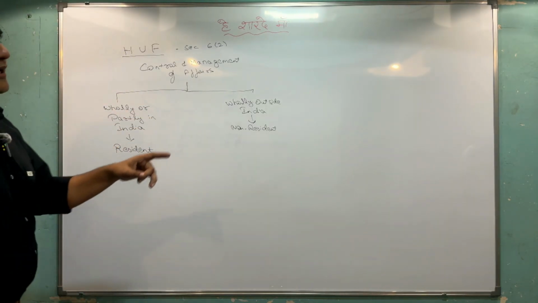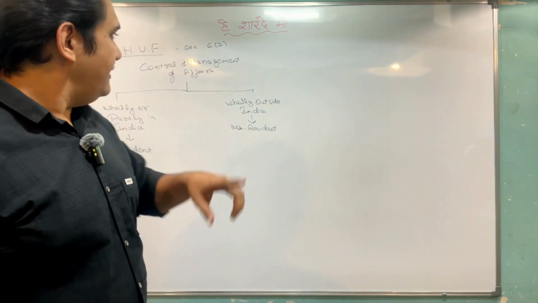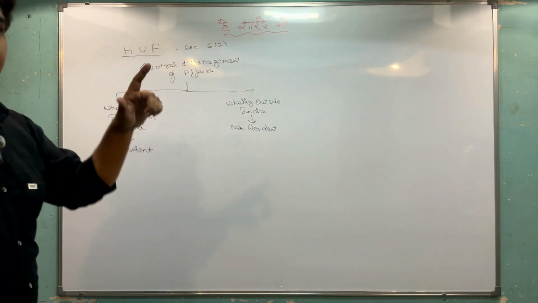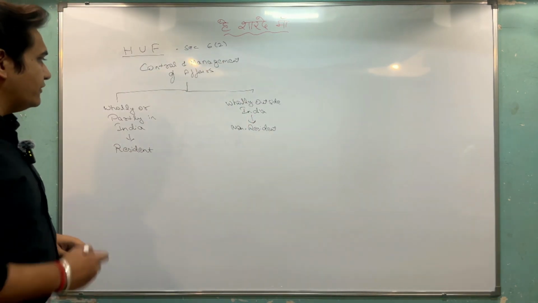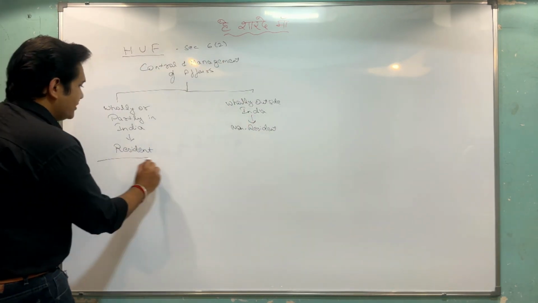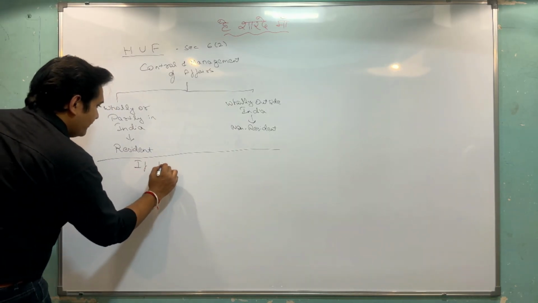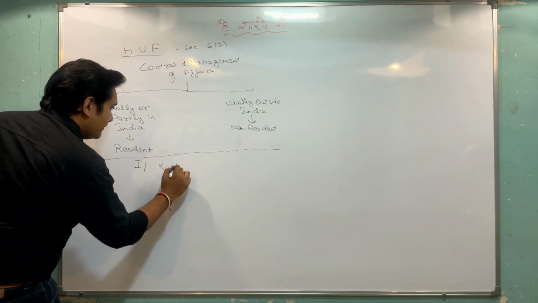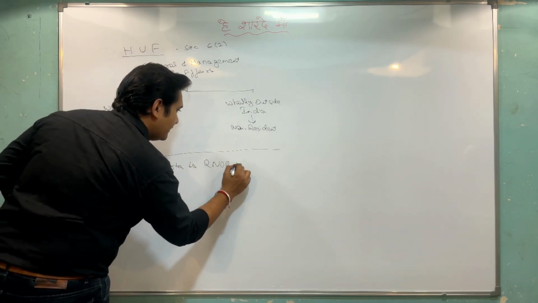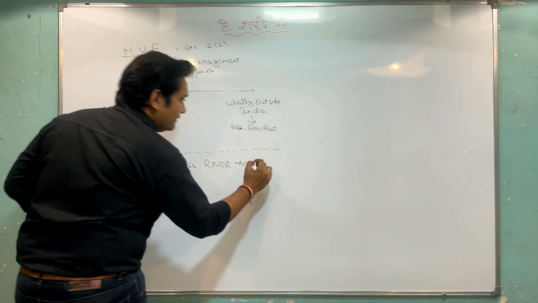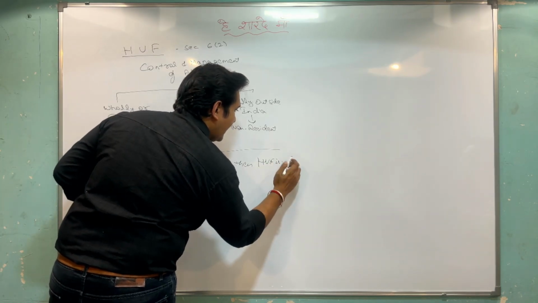But like in individuals, we have in HUF also resident and not ordinarily resident. The condition for that is: if the Karta is RNOR, then the HUF is RNOR.